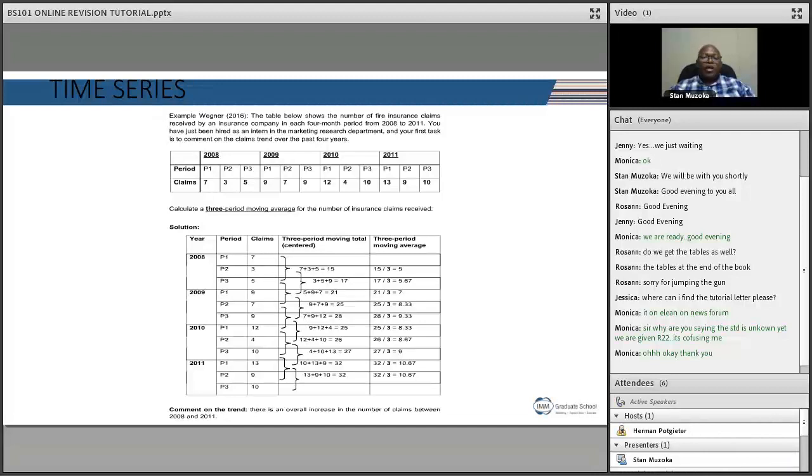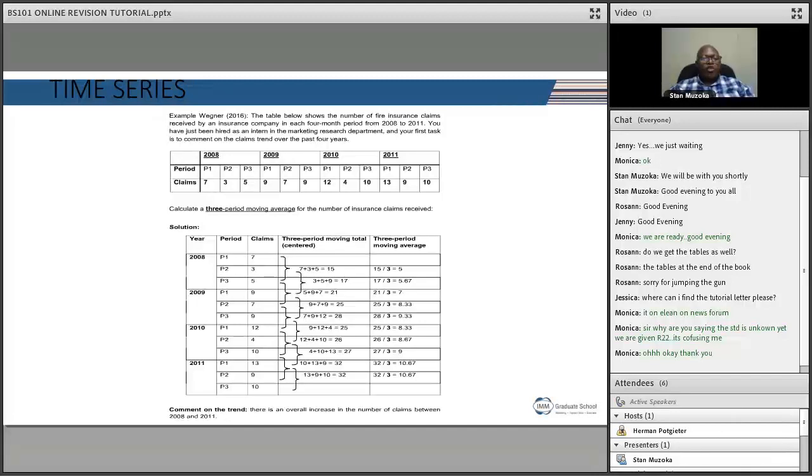We can isolate each one of these and decompose them and be able to tell how that factor affecting a time series will develop over time.